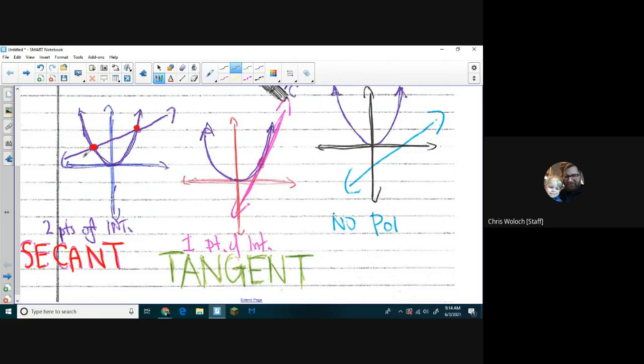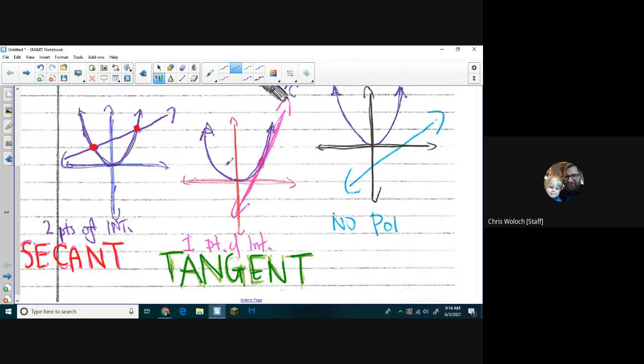So a line and a parabola can cross at 2 points. They can cross at 1 point, and this one is called a tangent. You've seen tangent before because tangent is conveniently also a trig ratio. That is 1 point of intersection.